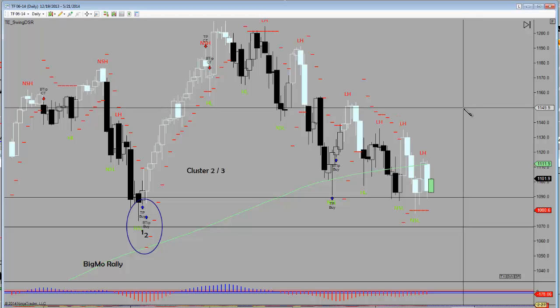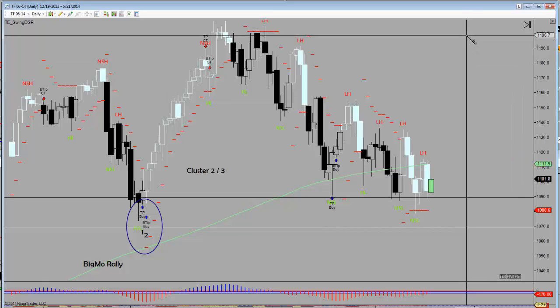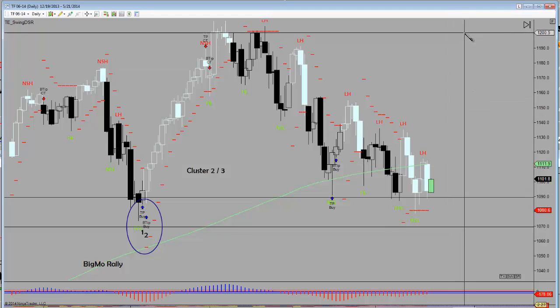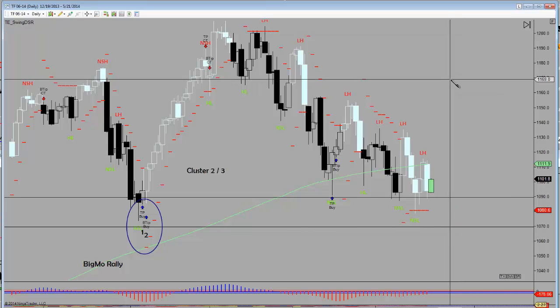So 20 points of risk is a unit of risk. 60 points of reward is 3 times that. So it's a 1-to-3 risk-reward ratio. And then obviously we could rally back to the 1200 handle right here. So low risk, long entries for swing trades right here. Just a retest of the current highs produces 4 to 5 times the unit of risk.